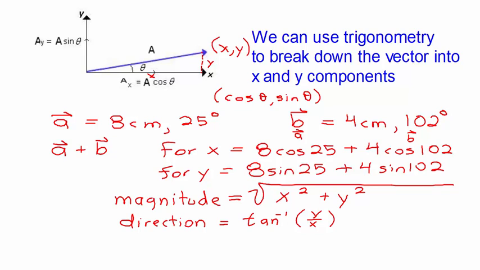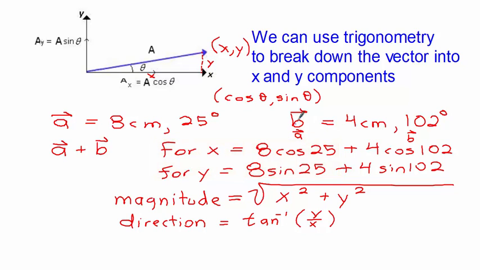We're just going to be dealing with sines and cosines because when we set up our unit circle, if our x was our cosine and our y is our sine, remember the unit circle, we can deal with our little angle here for x. 8 times the cosine of 25 is going to be the part that is in the x direction, and 8 sine of 25 is how much is in the y direction.